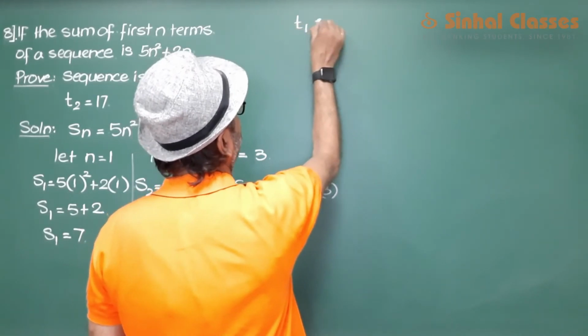So we will write, according to the given condition, their product is 1155. So first term multiplied by second term multiplied by third term gives us 1155. Now, if we solve this, we will get the answer for our question.